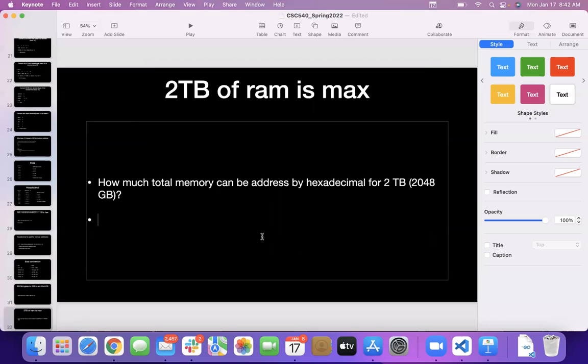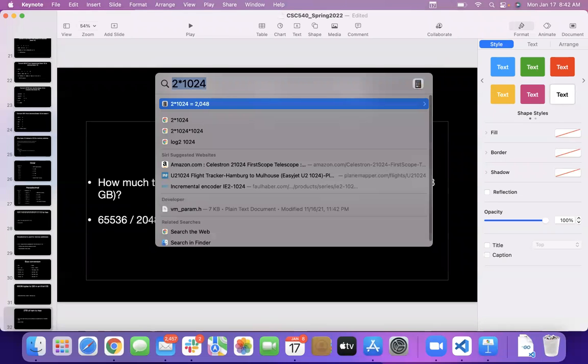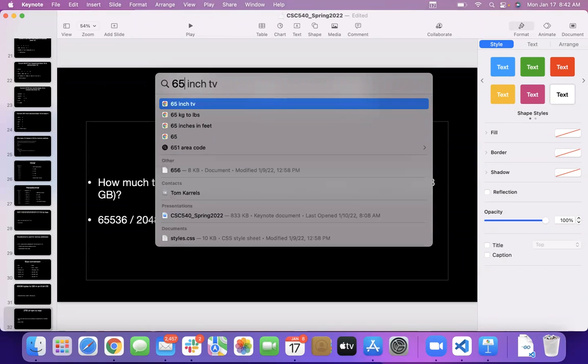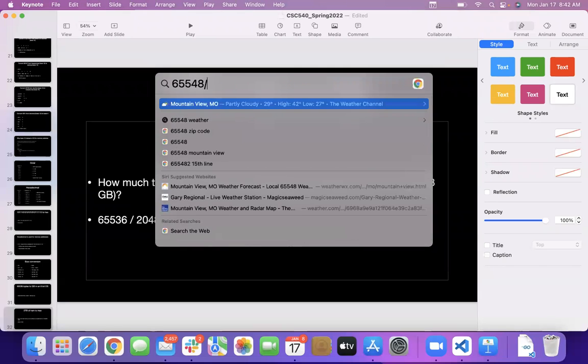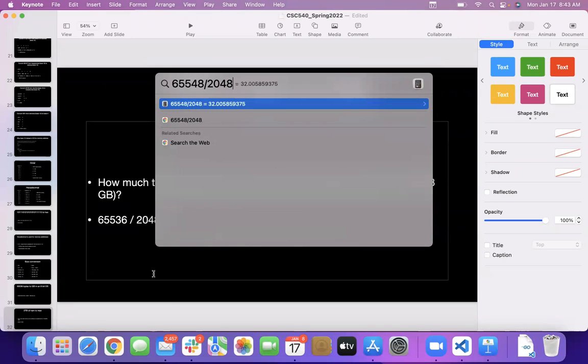Well, this is fine. So we have 65,536 unique spots. And we're saying that our modern computers, for whatever reason, can store 2 terabytes of information, or 2048 gigabytes. So we divide that: 65,536 divided by 2048.